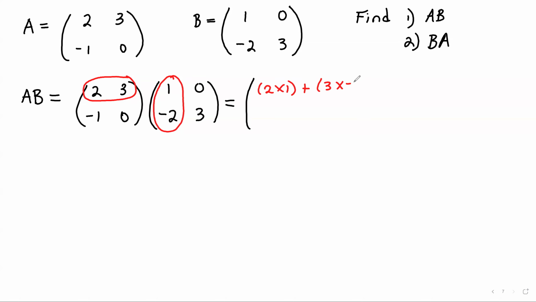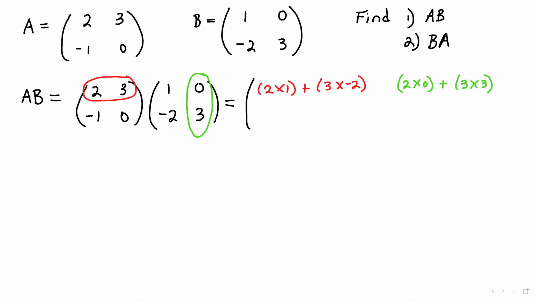That's going to be your first value, right? Next will be your same row 1, except it's going to be by column 2 in this case, right? So row 1 times column 2, that's going to be a value that's going here. So it will be 2 times 0, plus 3 times 3.